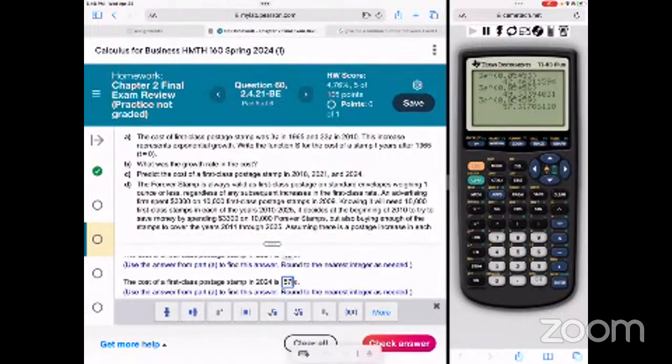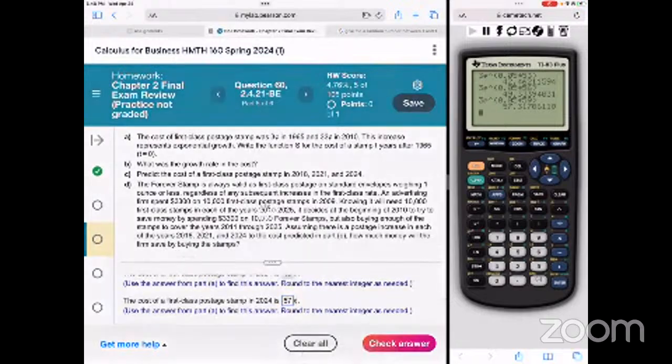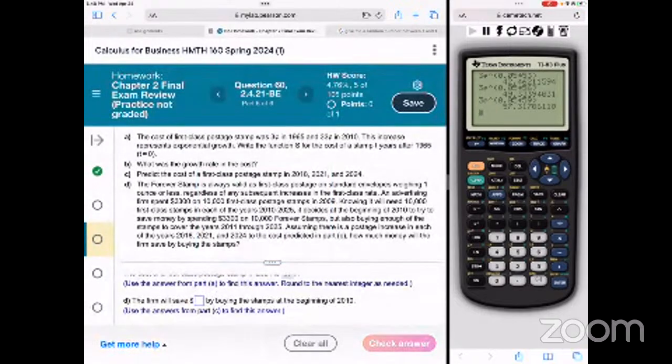Okay. The firm will save this much by buying stamps at the beginning of 2010. If they buy a whole bunch of stamps in 2010, let me see. Okay, this is D. The forever stamp is always valid at first class, weighing 1 ounce or less, regardless of any subsequent increase in first class rate.